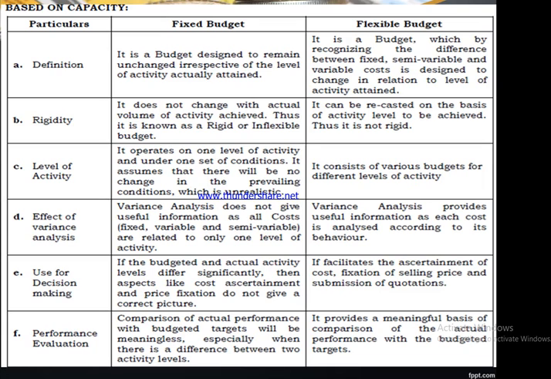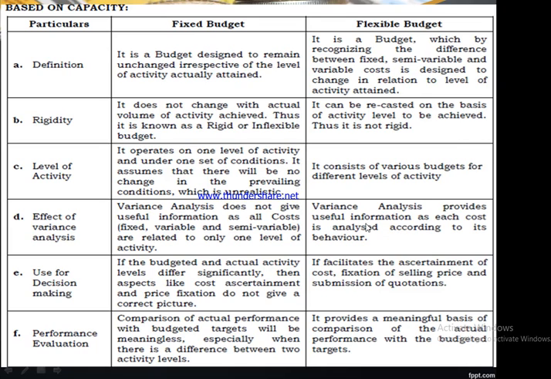At 30% capacity, how does the budget look, at 50% capacity how does it look, and so on. At different levels of activity we are going to have a different budget altogether. Similarly, if you are manufacturing 10,000 units, what is the budget for that? If you are manufacturing 15,000 units, how does the budget look? Depending upon the level of activity, whether units or percentage capacity utilization, the budget is going to vary.